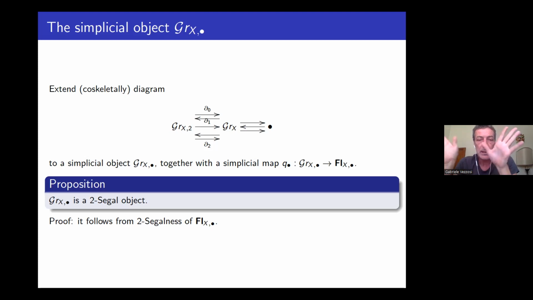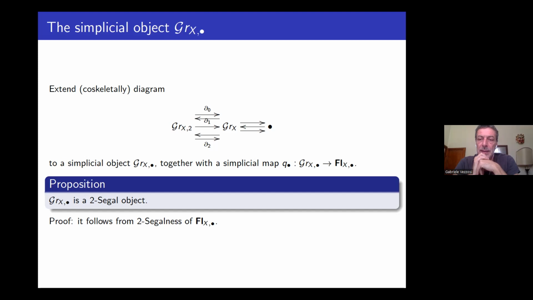And we can extend this, even this result of extending is not completely obvious, but one can do it. You can extend this to a simplicial object together with the simplicial map from GR X bullet to Flag X bullet.